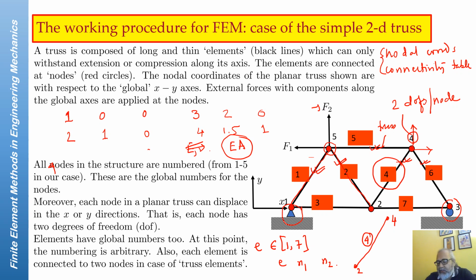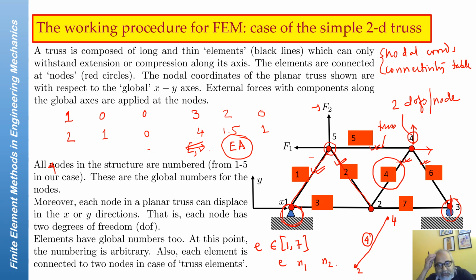The last information that the program also needs is about the boundary conditions. Here node number 1 has a hinge, which means that it can neither move in the x direction nor in the y direction. So both the degrees of freedom at node number 1 are fixed. Whereas node number 3 is a roller. It cannot move in the y direction but can slide in the x direction. So only 1 degree of freedom is fixed.